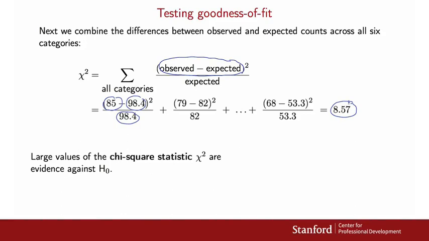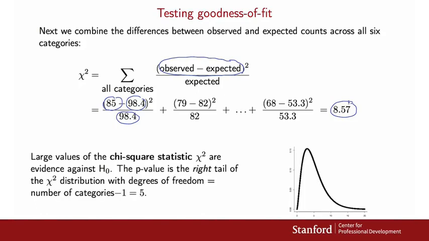Next, we compute a p-value. That means we have to assess how large that 8.57 is when compared to an appropriate null distribution. In this case, it turns out the null distribution is called the chi-square distribution, which comes with the degrees of freedom, and the degrees of freedom is the number of categories minus 1. So in this case, we have 6 colors, so the degrees of freedom is 5.